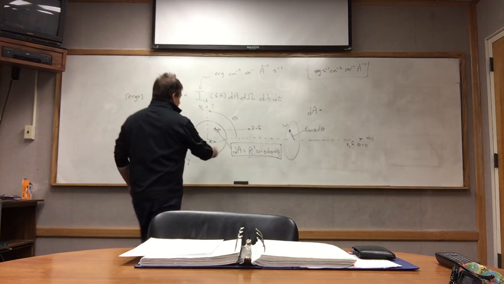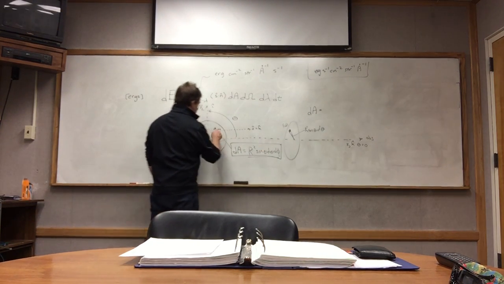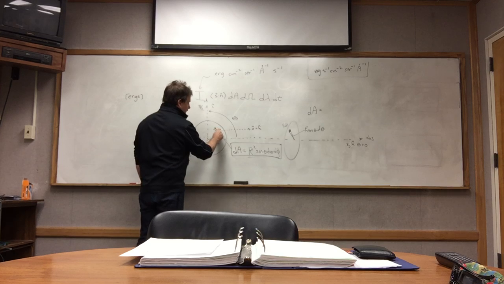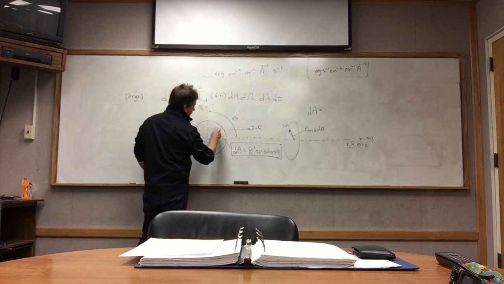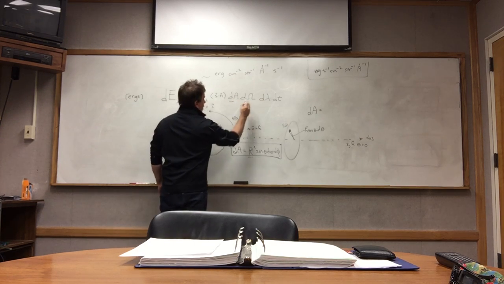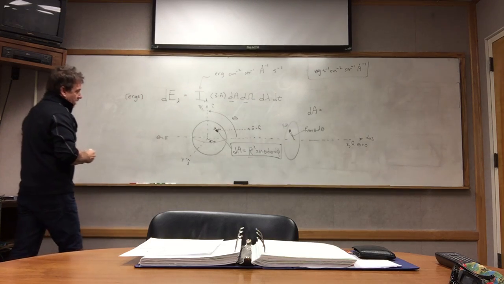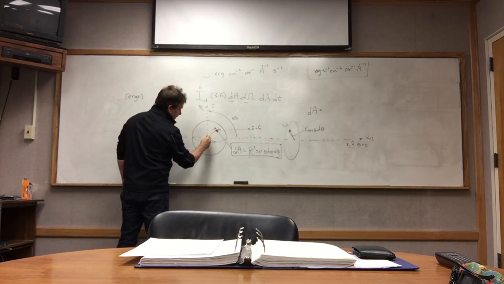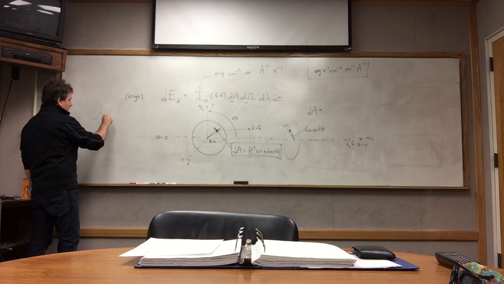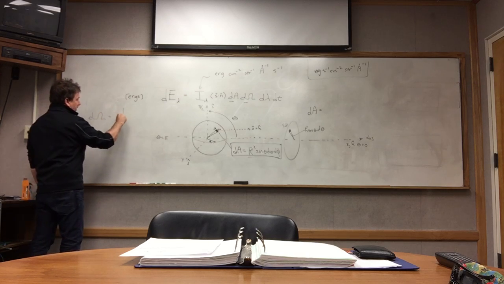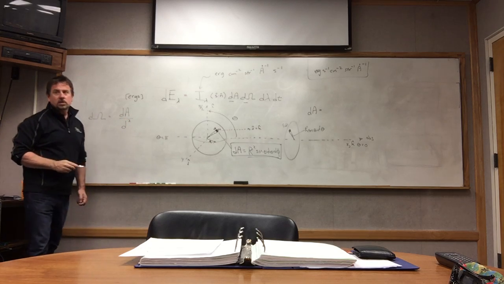So, given that this is the area element, the true area element on the star, we now want to know what's the solid angle. Okay. Now, solid angle is defined as the area over the distance to that area element squared.